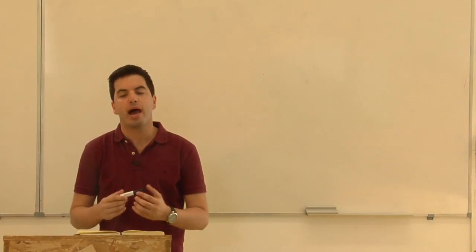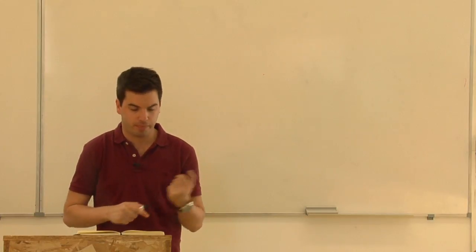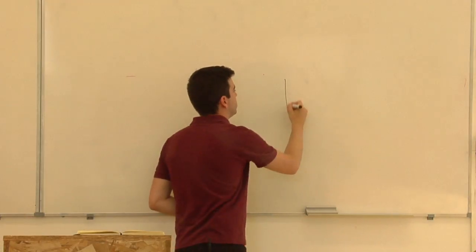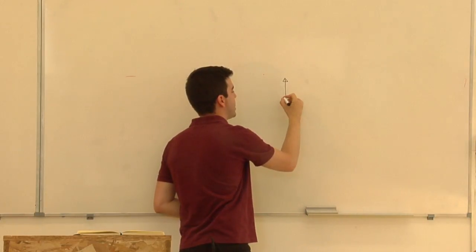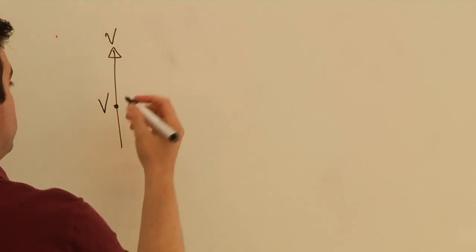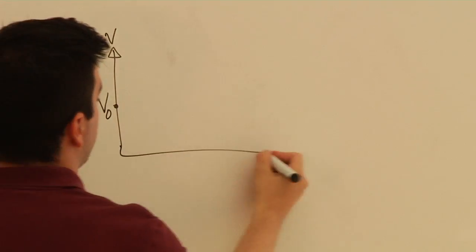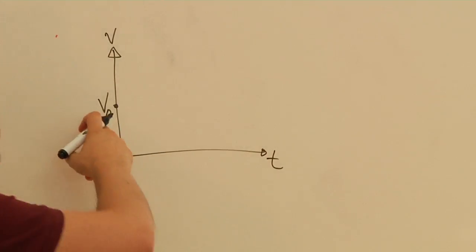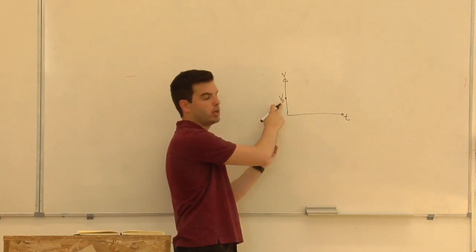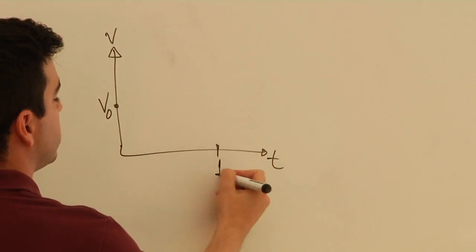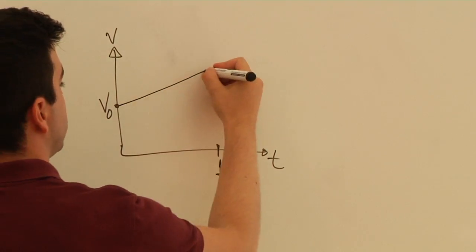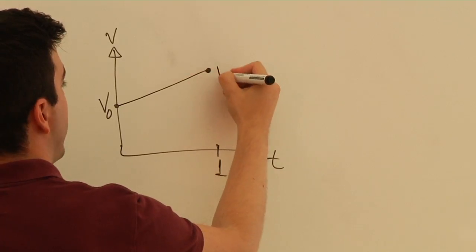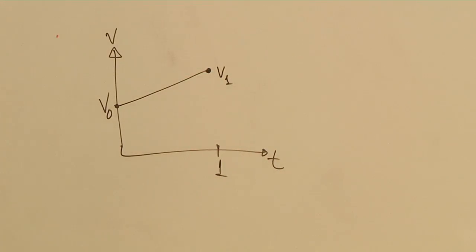So let's imagine you have a share of Microsoft. Right now, it has a certain price, a certain value. So this is value, and right now you have a certain share with a certain value. In 1 year, you expect that the value will rise. That's why you have that share.